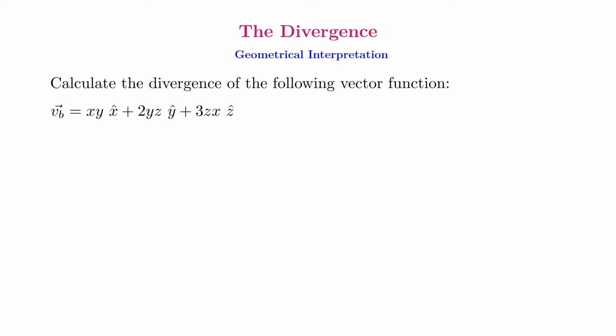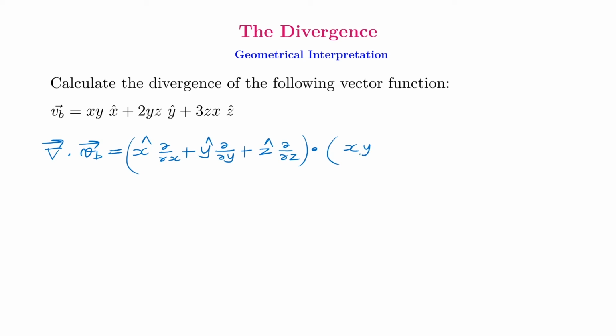Let's now calculate the divergence of the vector function defined by VB equal to xy x hat plus 2yz y hat plus 3zx z hat. As usual, del dot VB is equal to x hat ∂/∂x plus y hat ∂/∂y plus z hat ∂/∂z dot xy x hat plus 2yz y hat plus 3zx z hat.